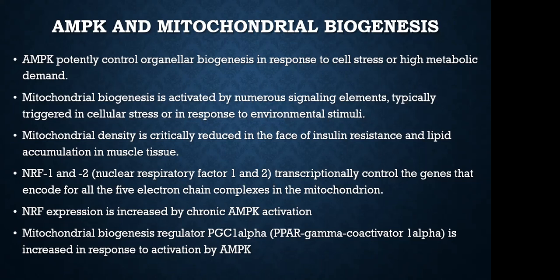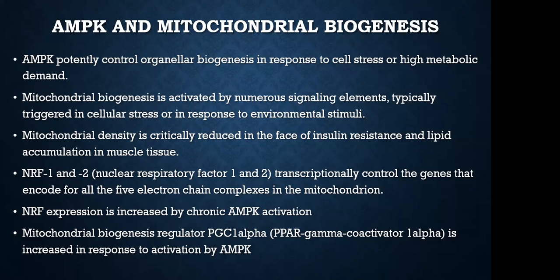Then you have NRF1 and 2, the nuclear respiratory factor 1 and 2, which transcriptionally control the genes that encode for all 5 electron transport chain complexes in the mitochondrion. And NRF expression is increased by chronic AMPK activation. So by increasing the AMPK activation, we can impact the NRF expression, which then impacts all the different complexes within the mitochondria through the electron transport chain.